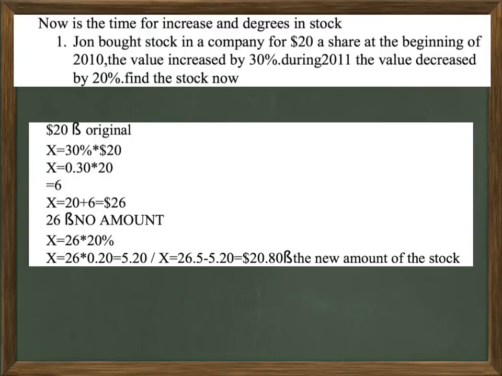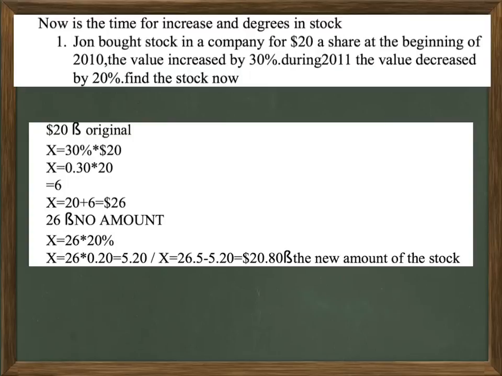So then we have to do all this again, with 20% instead of 30%. We multiply 26 by 20%, again we convert it to the decimal, get 0.20, and so we multiply 26 by 0.20 and get 5.20.